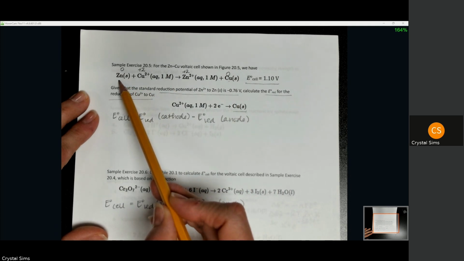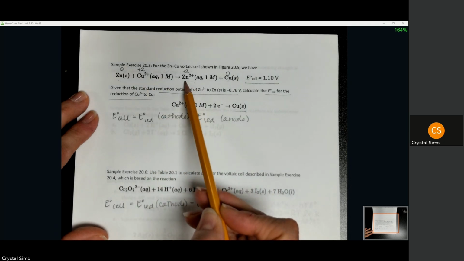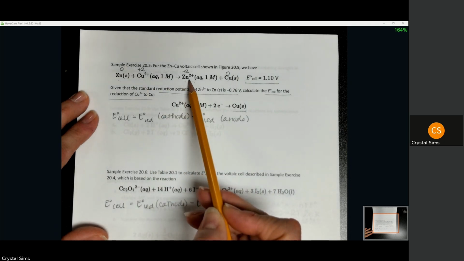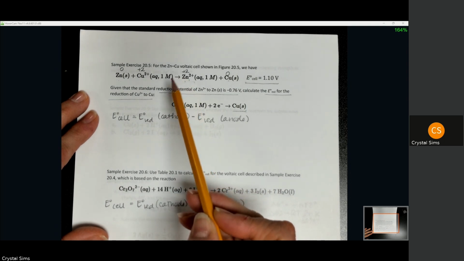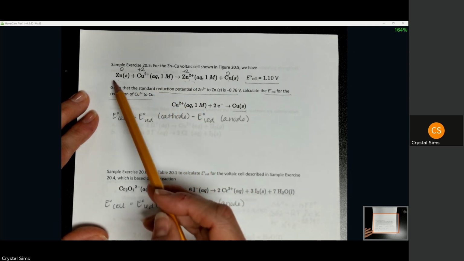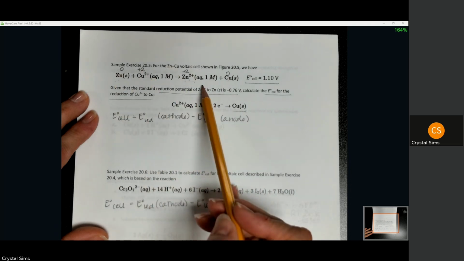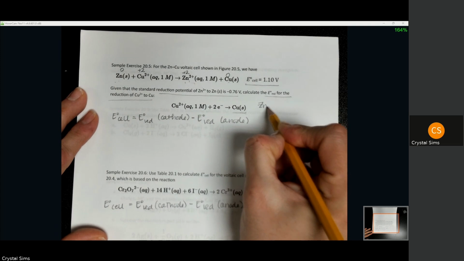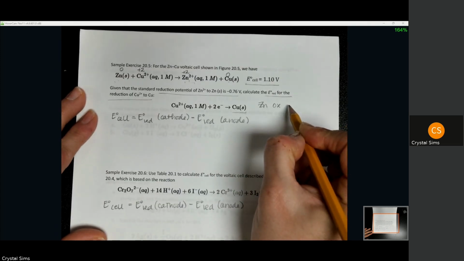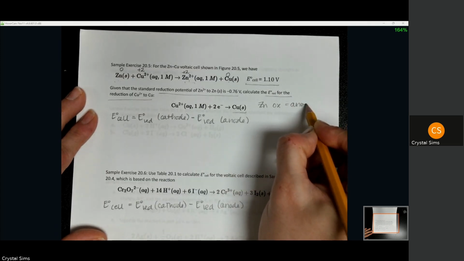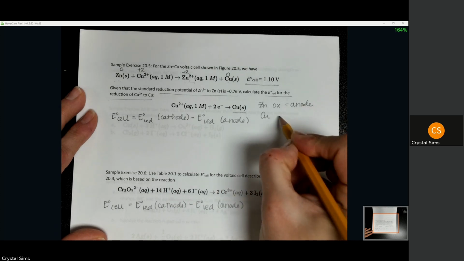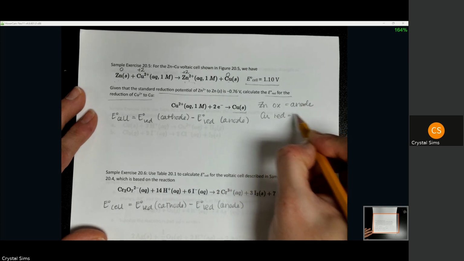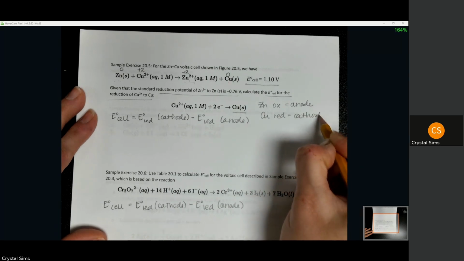And zinc, we see, lost electrons because it went from 0 to positive 2. So zinc, in its loss of electrons, is going to be oxidized, and so it is the anode. And copper, by gaining, is going to be reduced, so it is our cathode.